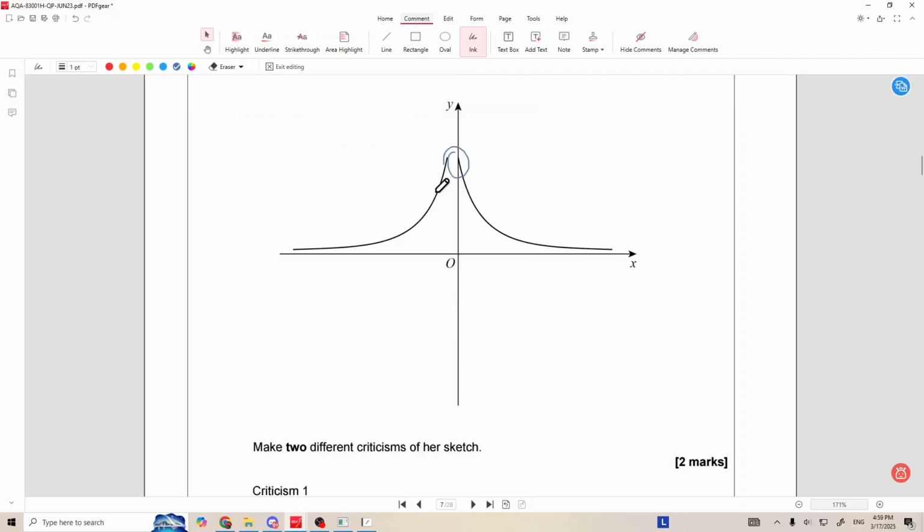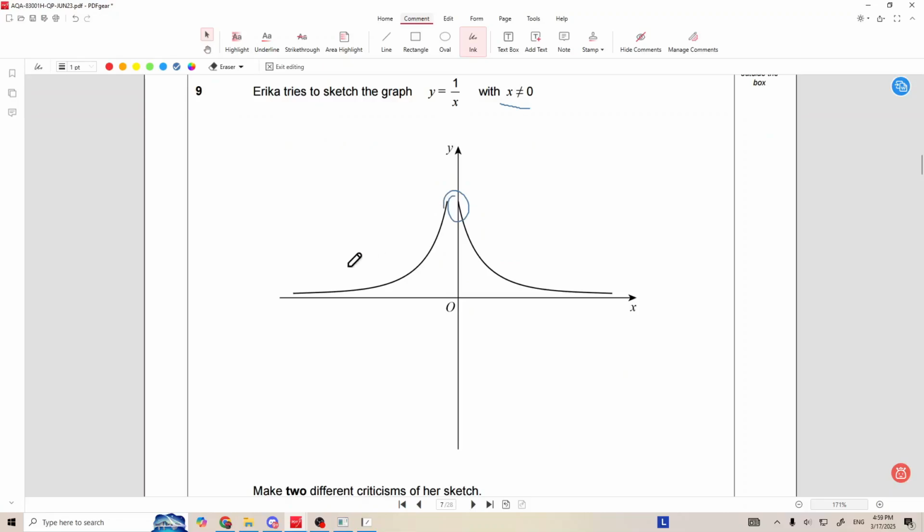If y equals 1 over x, shouldn't this line actually be like here? Oh crap! No, that's not how it's supposed to look. My pen screwed up. Isn't it supposed to look like this? So this whole part is wrong. My circling is completely off, but you get what I mean. This whole part is wrong, isn't it?